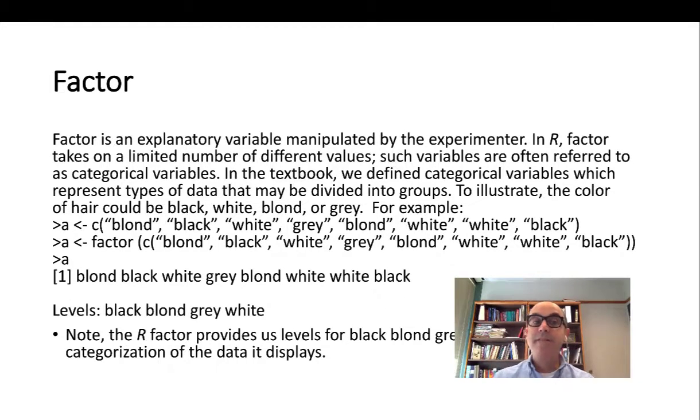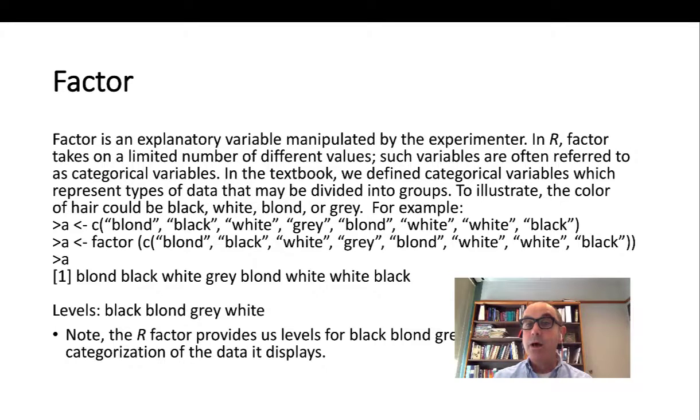Another issue is the factor, and the factor is an explanatory variable. So the R factor takes a limited number of different values, such as variables often referred to as categorical variables. And we will talk about that also.